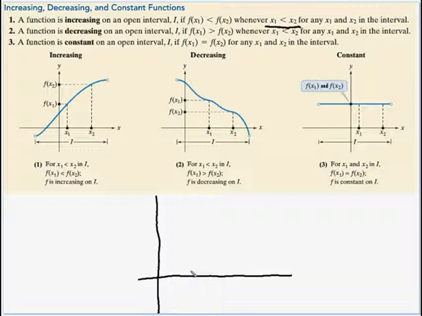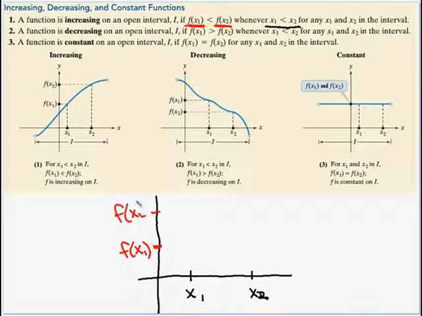So that means on the x-axis, x1 is going to be to the left of x2. Oops, back, x sub 2. And let's back up to the outputs. And it says that f of x1 is less than f of x2. So here on the y-axis, f of x1 is under f of x sub 2.